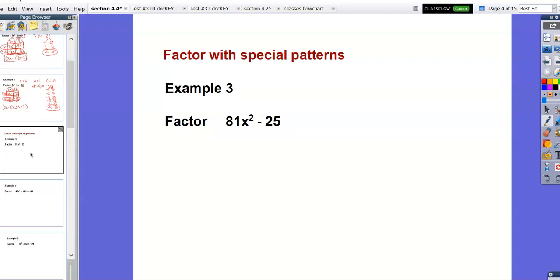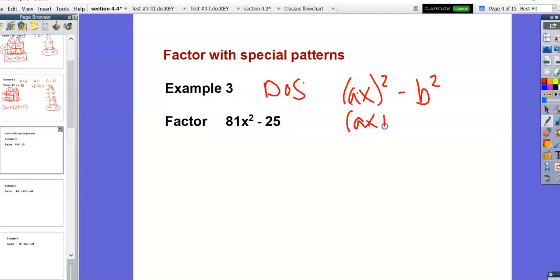So for us, 81x squared is a perfect square, 25 is a perfect square, so we're able to use the difference of squares pattern. That's where if we have a squared x squared minus b squared, we can rewrite our product as ax plus b times ax minus b.